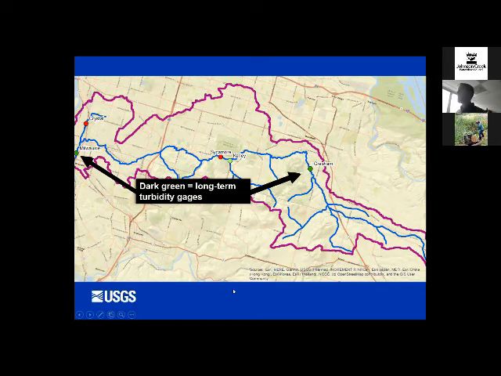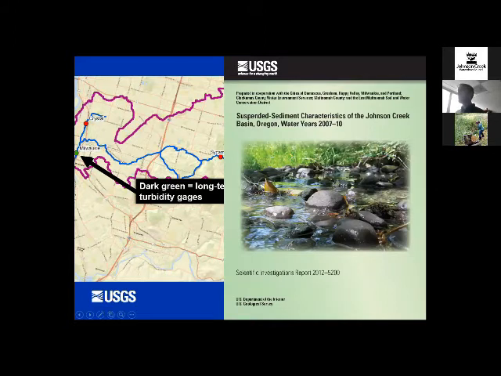We've been collecting turbidity data since about 2001, I think, at both of these sites. We can use turbidity, either by itself or in conjunction with streamflow values, to estimate sediment by using turbidity for suspended sediment concentration and converting that into loads eventually.